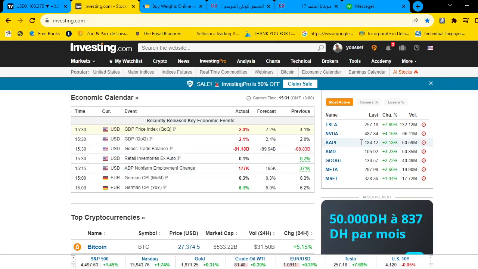As you can see here, all the major news were negative. The goods trade balance was negative as well, and this will impact the US dollar, of course, for sure.